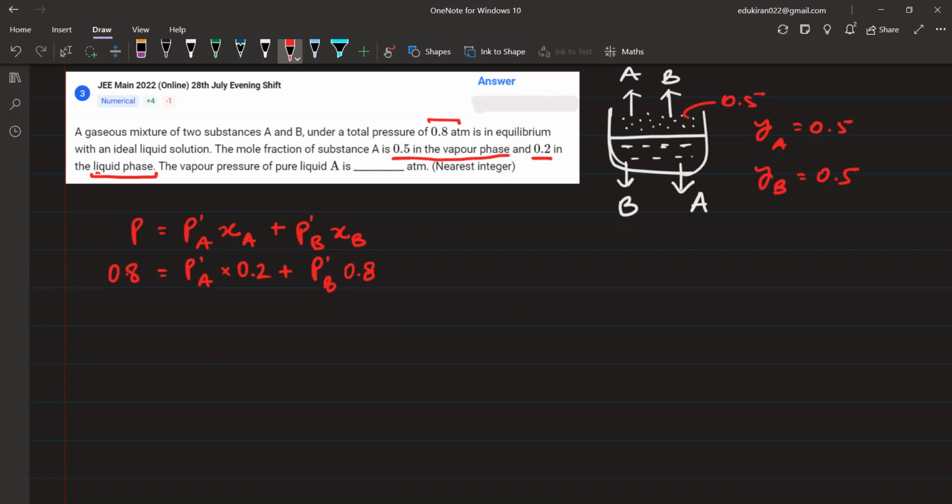Now, how can we relate this to YA and YB? The mole fraction of A is 0.5.